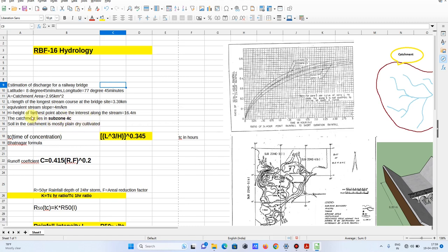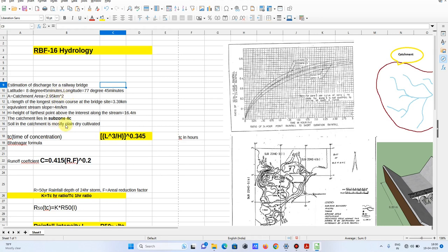This is one of the major parameters they have included, because in the conventional rational method we use the land use characteristics to determine the runoff coefficient. But here in this RBF-16 hydrology, we consider the soil characteristics and the catchment area characteristics, that is, the areal reduction factor.